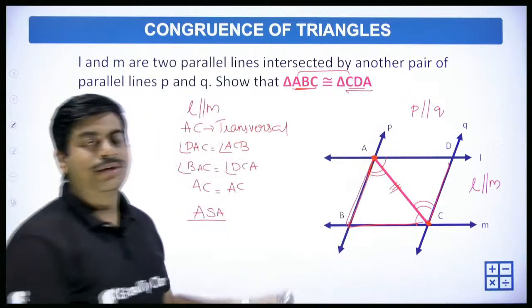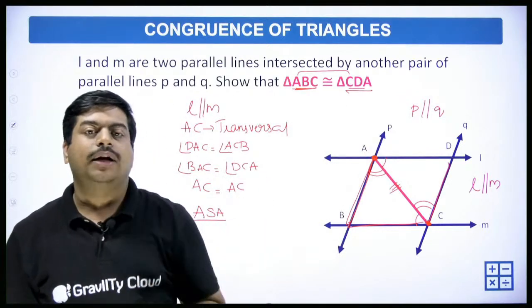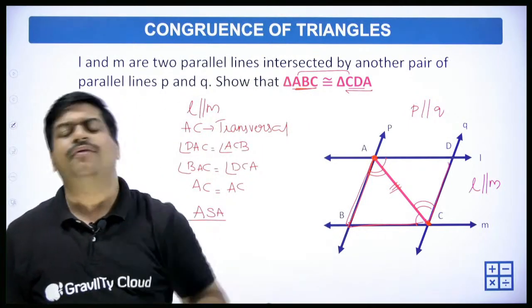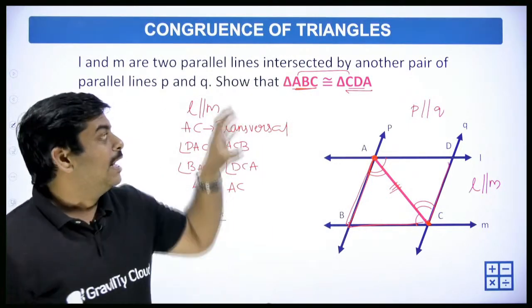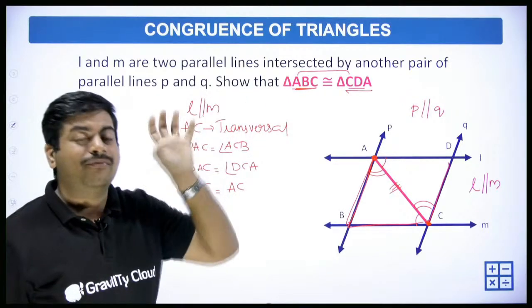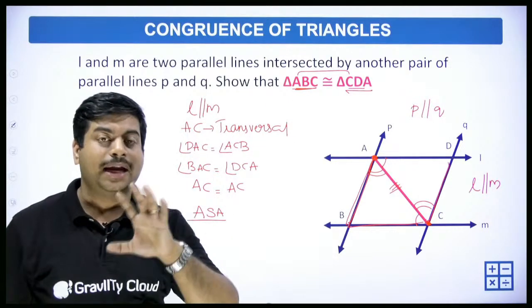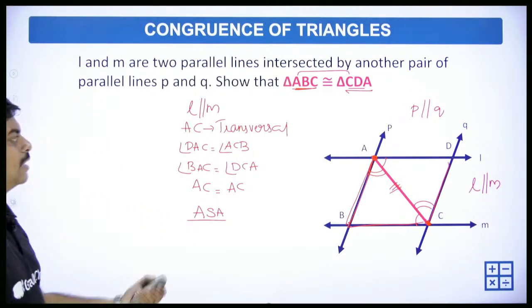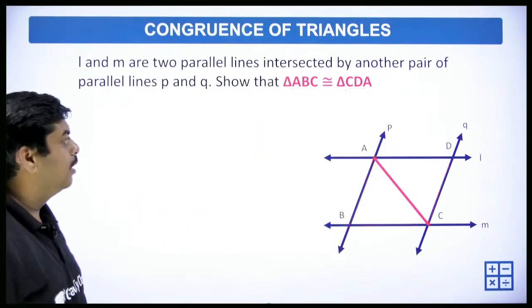So we can say that these two triangles are congruent. Whenever you're writing congruency, the order of the letters ABC, CDA is very important, because if you make any mistake in that representation, it will be an entirely wrong concept. Clear? Alright, so this is how you can prove that they are congruent.